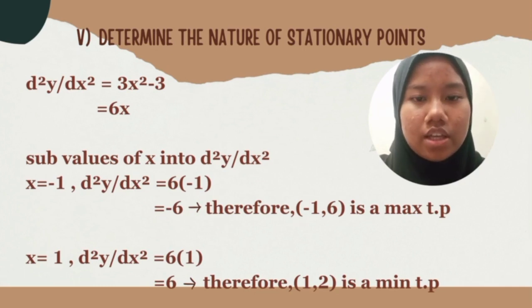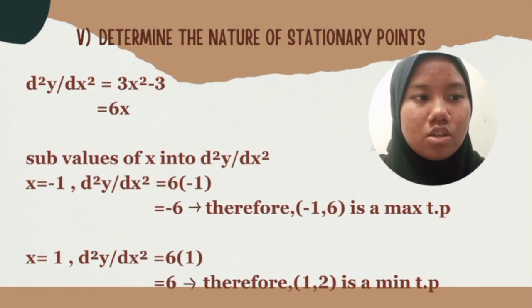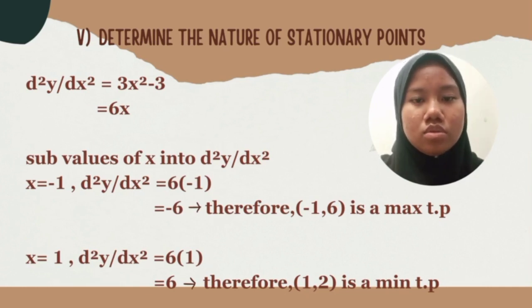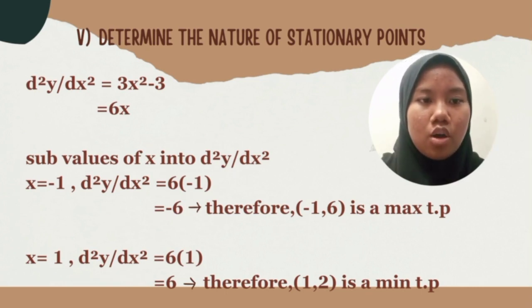The answer is negative 6. Therefore, negative 1 and 6 is the maximum turning point. Then x equals 1, d squared y over dx squared equals 6 multiplied by 1. The answer is 6. Therefore, 1 and 2 is a minimum turning point.